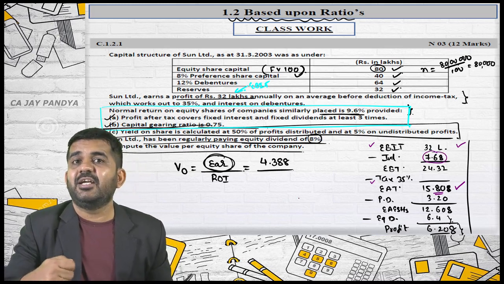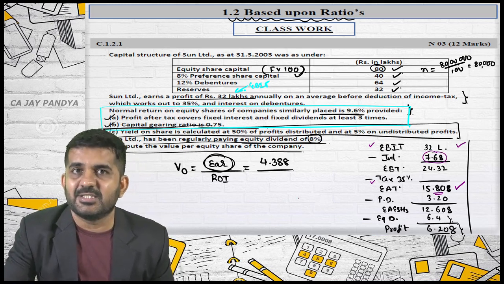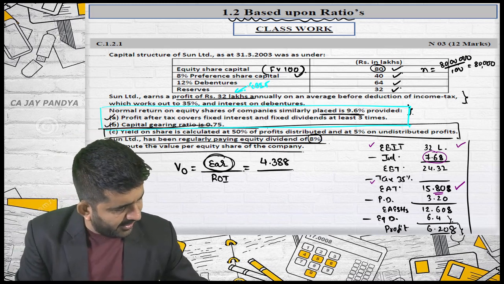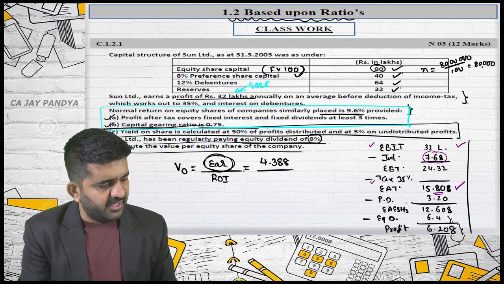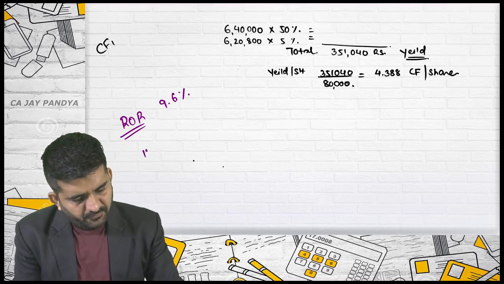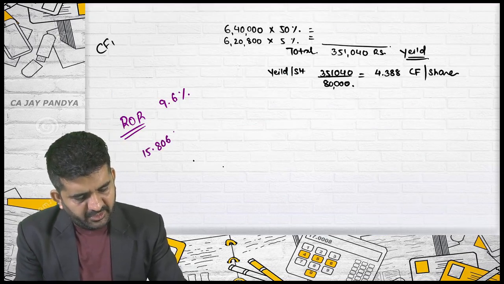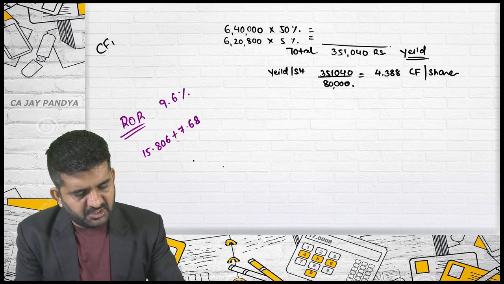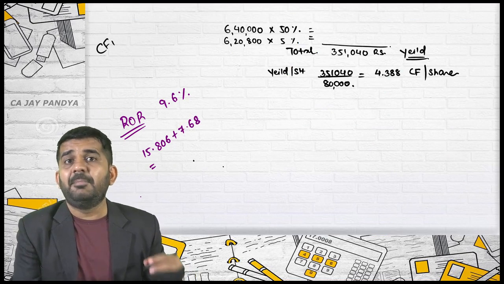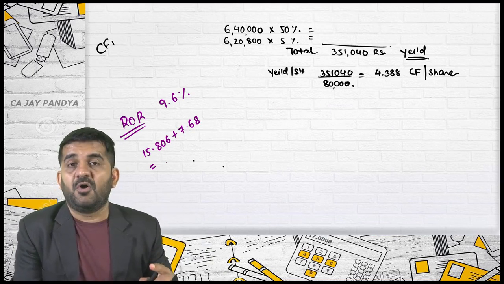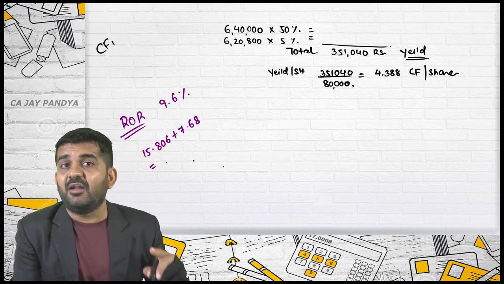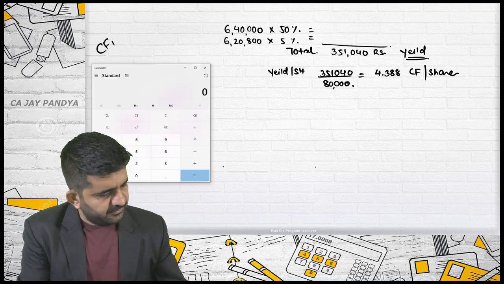So what is deducted in EBIT is only real tax. I am going on the side: 15.808 plus 7.68 will be my earnings for this specific purpose. It is a profit after tax or relevant profit after tax.